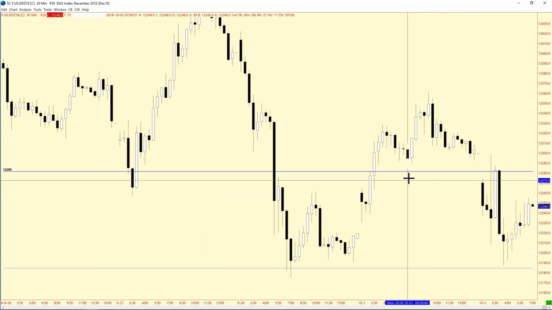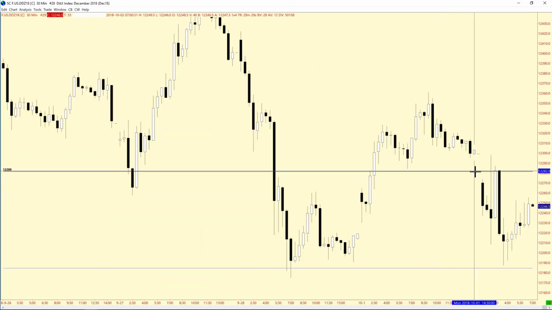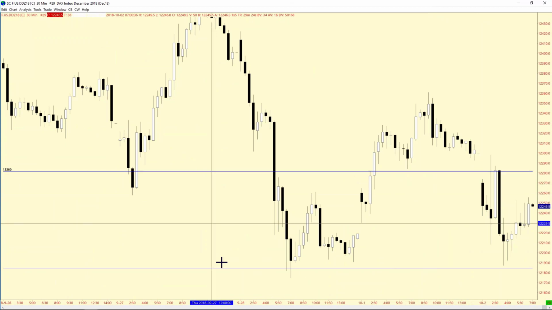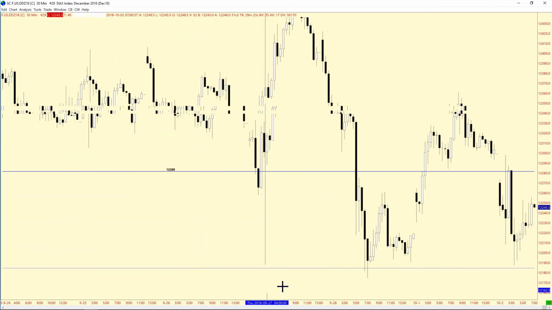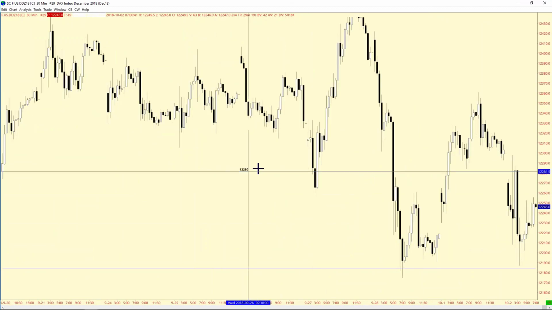Resistance we'll go right there with this level, and it also has to be this body close touch, which is 12,280. See that coming right across? We'll go with 12,280.